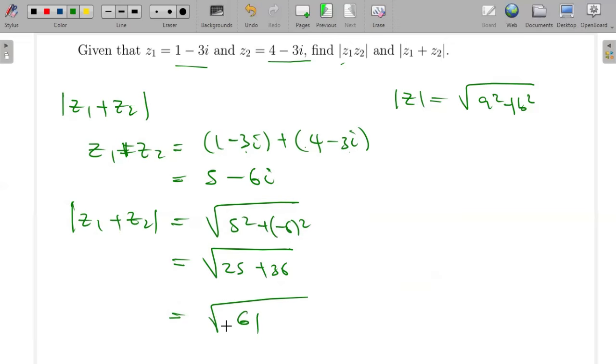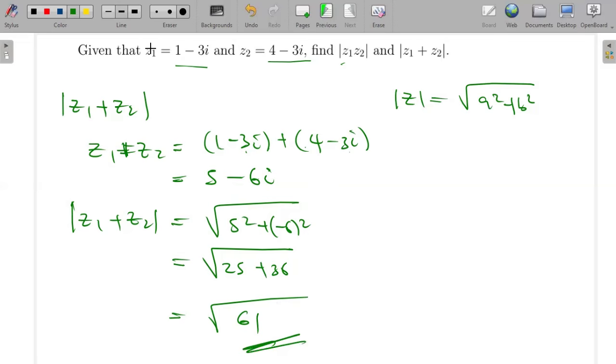Can I write that 61 in any simpler form? I do not think so. 61 divided by 11, no. I don't think we can write it any further. So just leave it here that way.